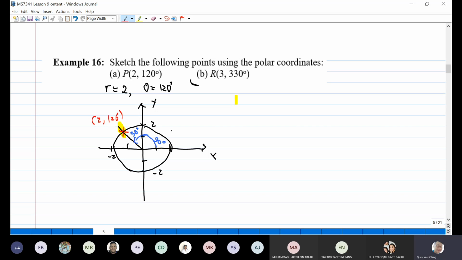The distance from the origin is 2, and the angle is 120. 90 plus 30 equals 120, right? So this is how you locate the point. So this is the point P. P is at this point.